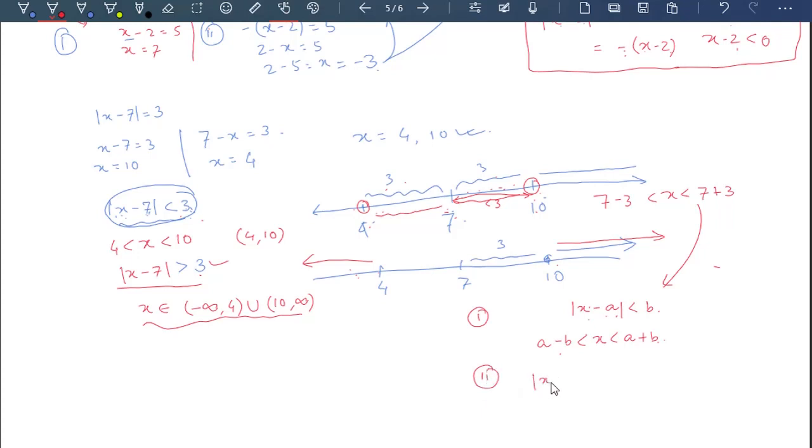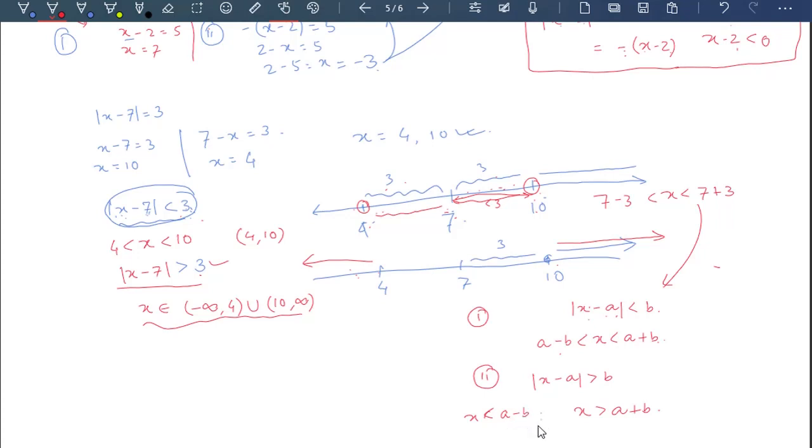Modulus of x minus a is greater than b. Then x will be greater than a plus b, and x will be less than a minus b.